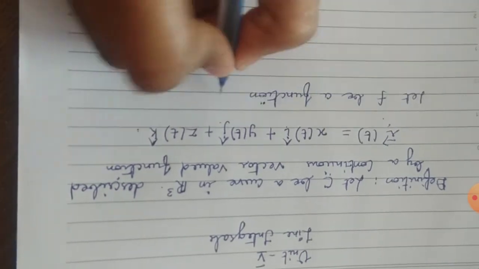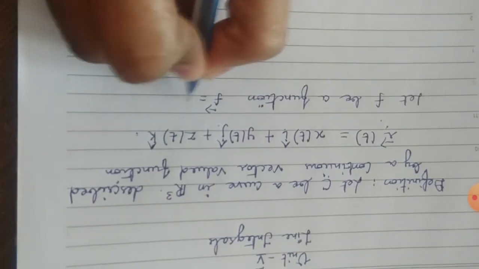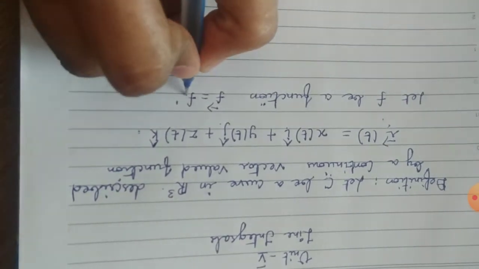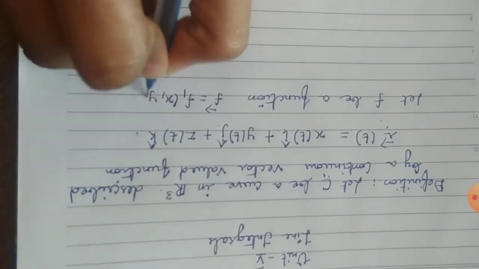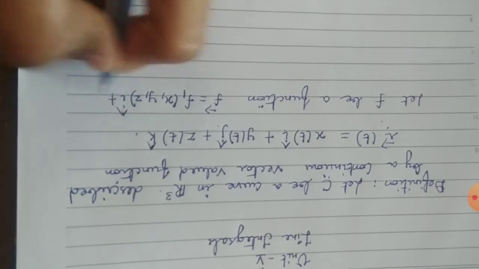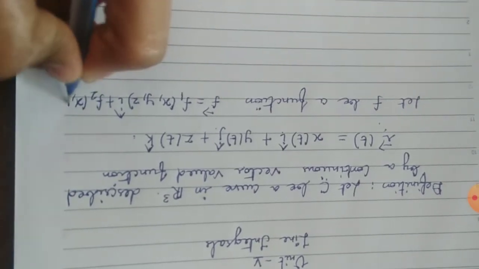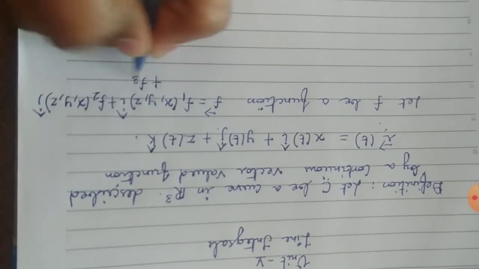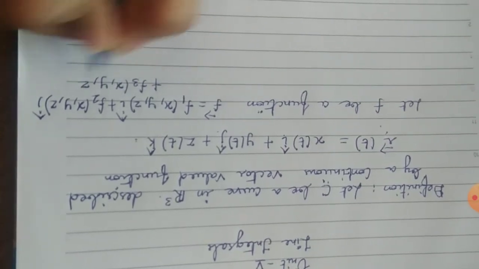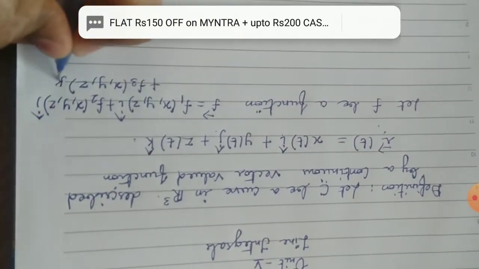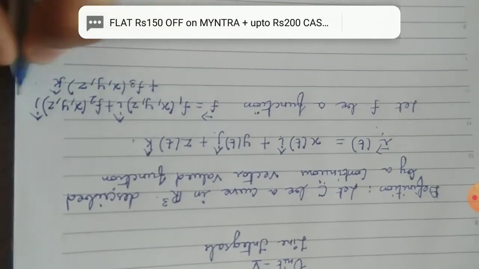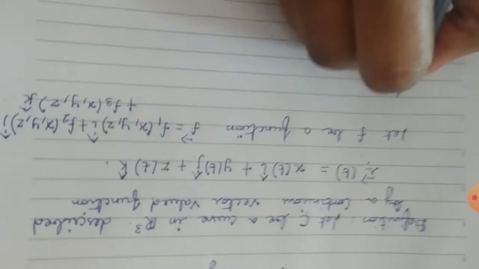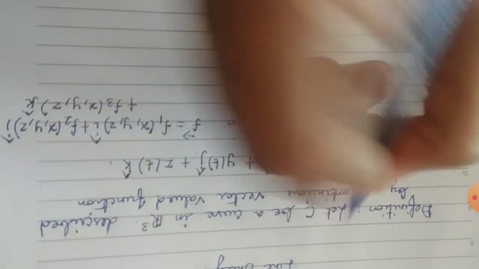So F vector is equal to f1 i plus f2 j plus f3 k, where f1 is a function of x, y, z, f2 is a function of x, y, z, and f3 is also a function of x, y, z. So f vector is also described in the same region as the curve C.